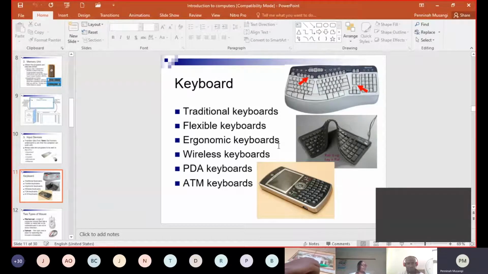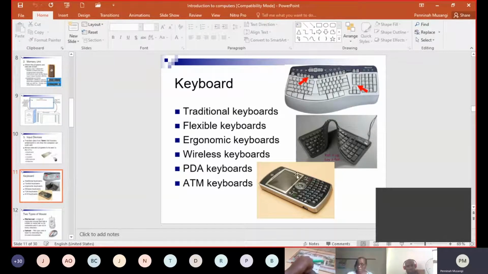Then we have the wireless keyboards. These are the new entrant in the market, the same way we have wireless mouse. It is not attached to the computer, but you only need that gadget, the Bluetooth. You put it on the computer and you're able to communicate and you're able to type. The PDA keyboards, the ones which had this one.